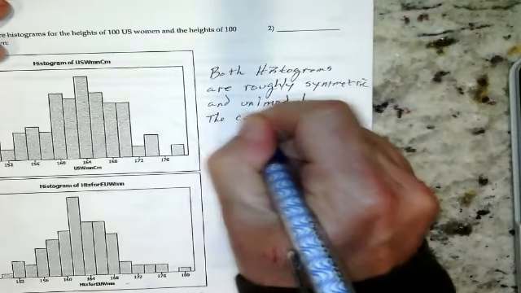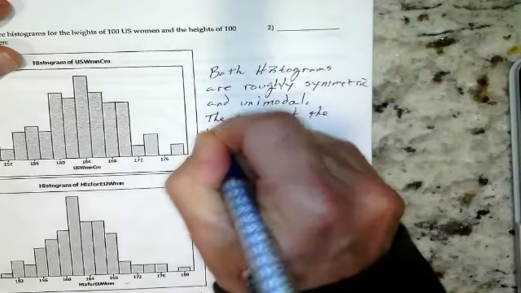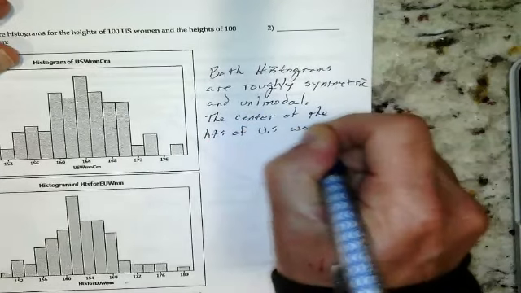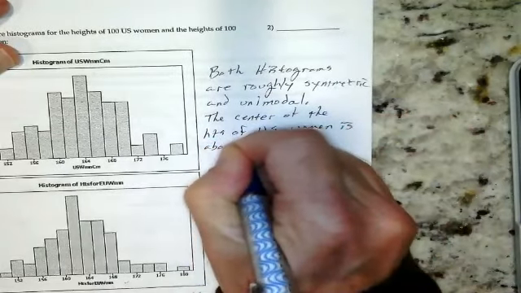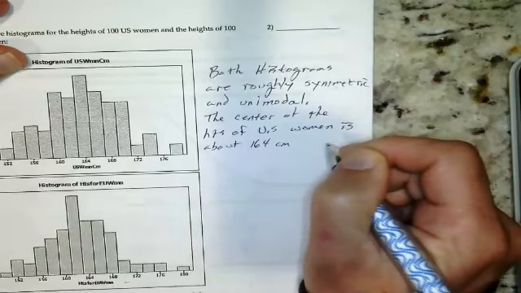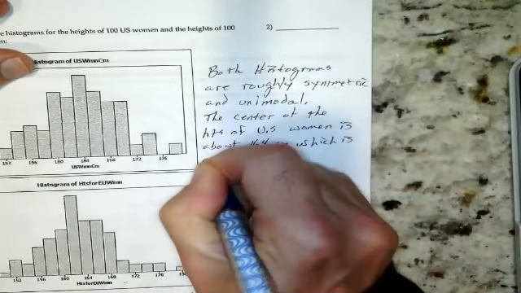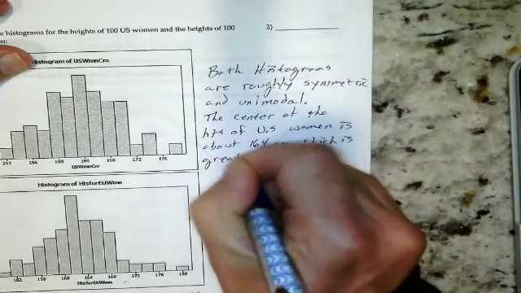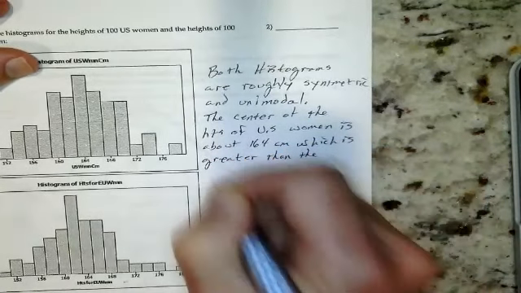The center of the heights of US women is about 164 centimeters, which is greater than the European women.